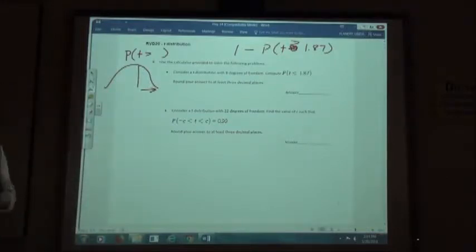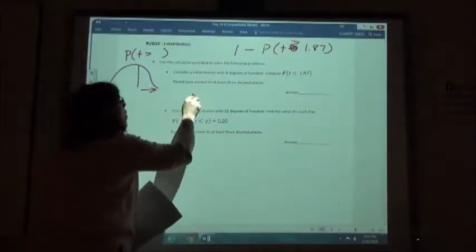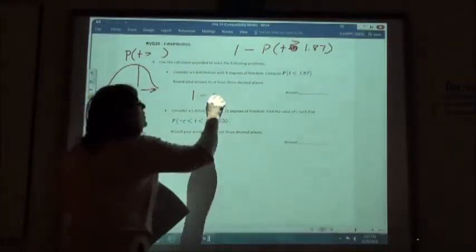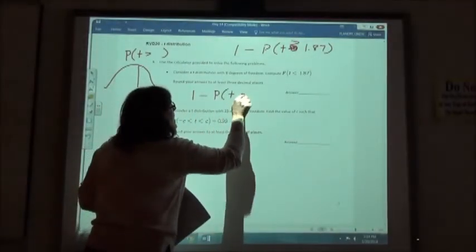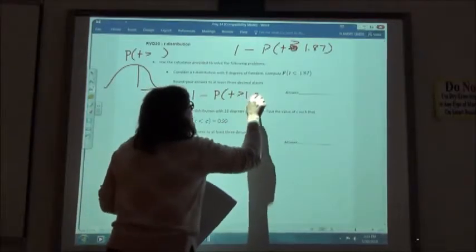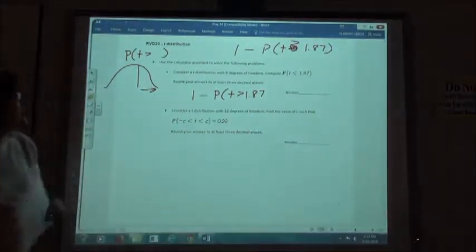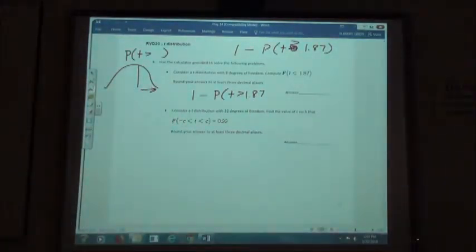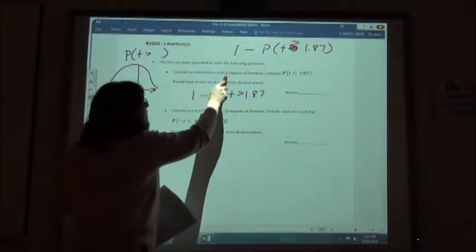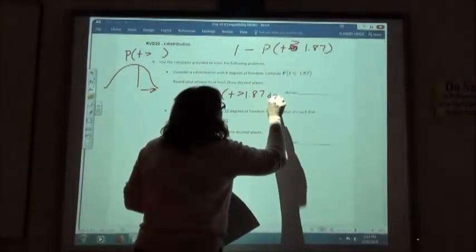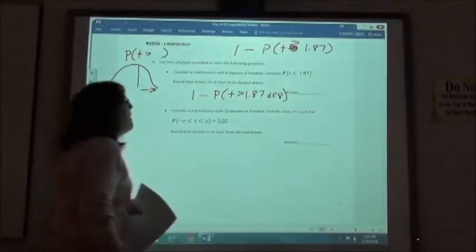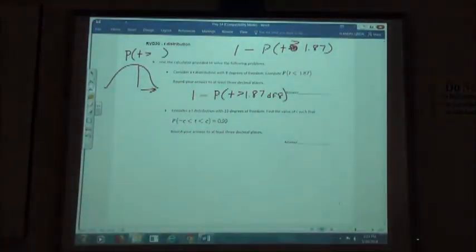So on the Alex calculator, you're going to type in 1 minus, and then P of T is greater than your 1.87, since that's what we're computing. It says the degree of freedom is going to be 8, so you'll see a little DF and you're going to put an 8 in there. Then punch that into the calculator, hit equals, and round your answer to 3 decimal places.